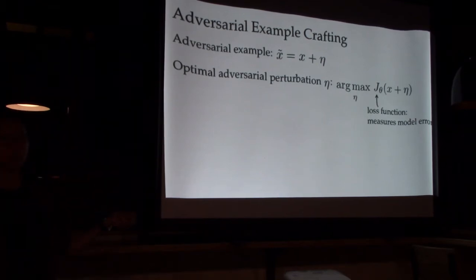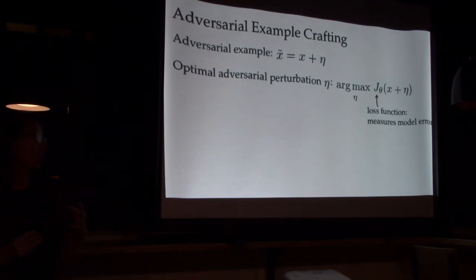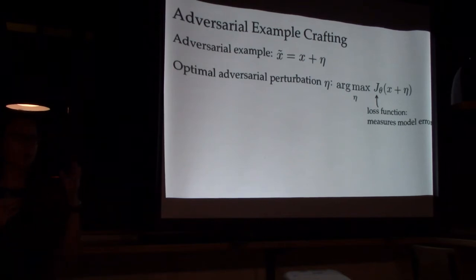That creates your adversarial example x̃, which looks the same to humans, but is able to fool the neural network. Basically, the goal of the adversary is to pick some perturbation η that causes the network to make more mistakes, that maximizes this particular loss function J.